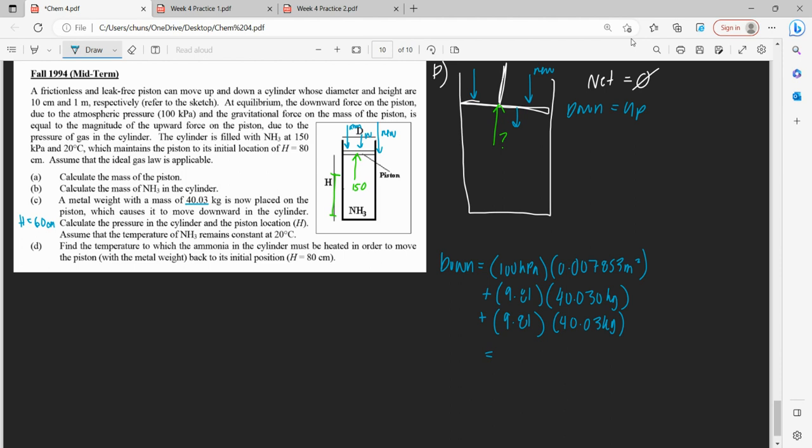So that gives us, because that's this, times 100 plus 9.81 times 40.030 plus 9.81 times 40.03.